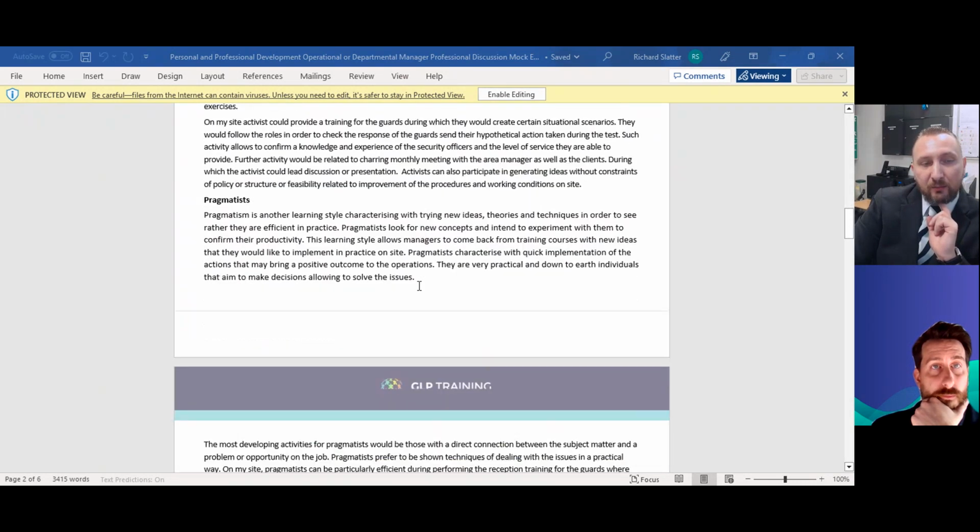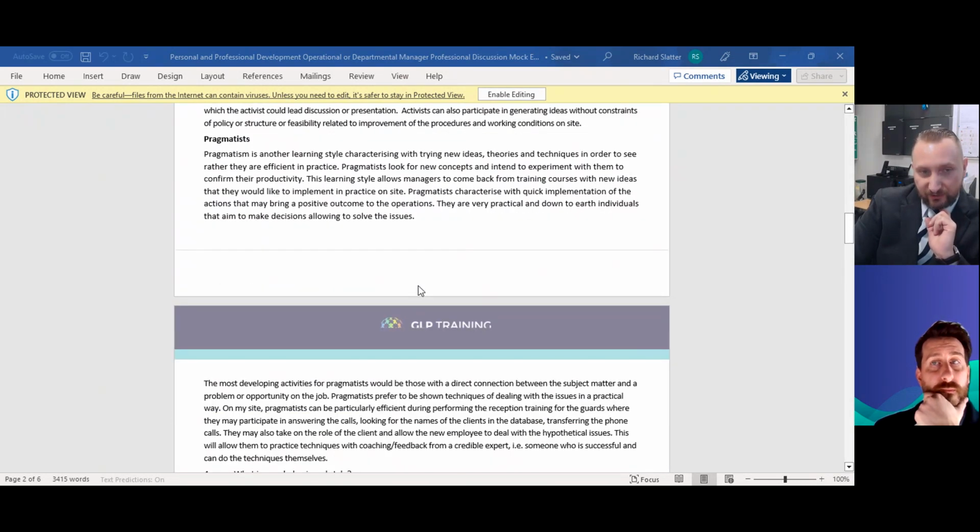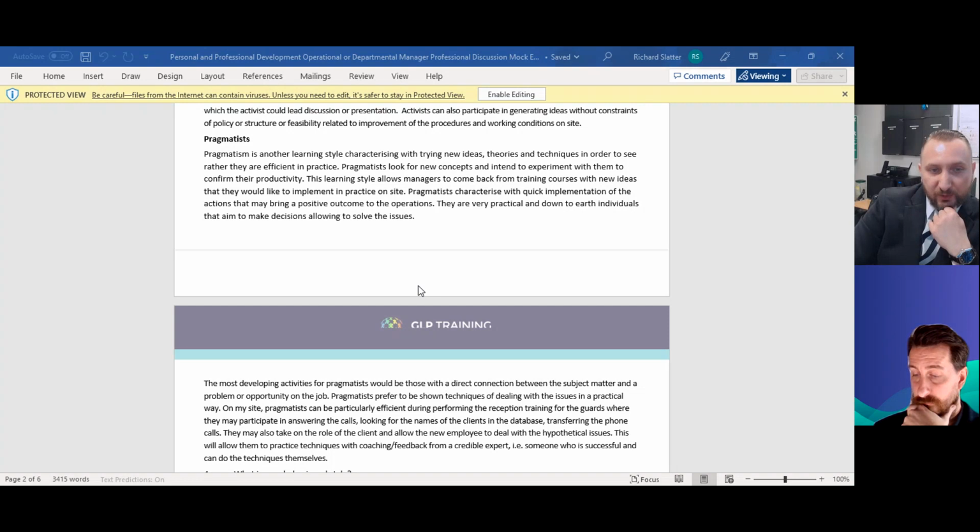Pragmatists. Pragmatism is another learning style, characterized by trying new ideas, theories, and techniques in order to see whether they are efficient in practice. Pragmatists look for new concepts and intend to experiment with them to confirm their productivity.